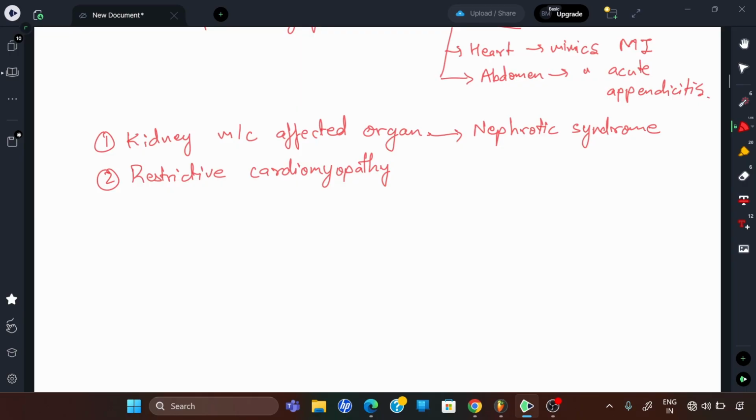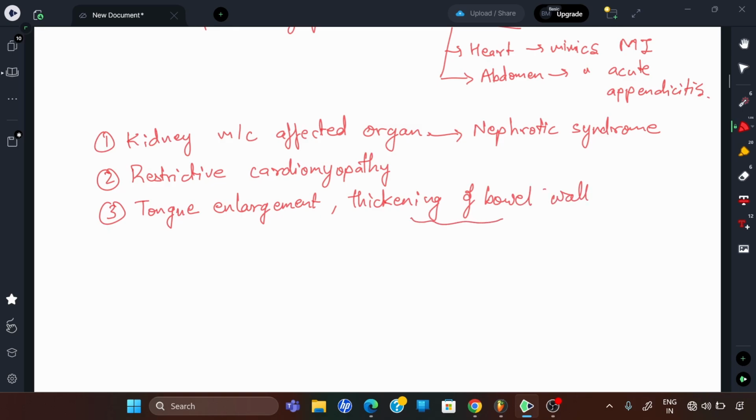Another thing you can see here is tongue enlargement. And also you can see thickening of the bowel wall, right? And if the bowel wall thickens, what we will see is malabsorption.